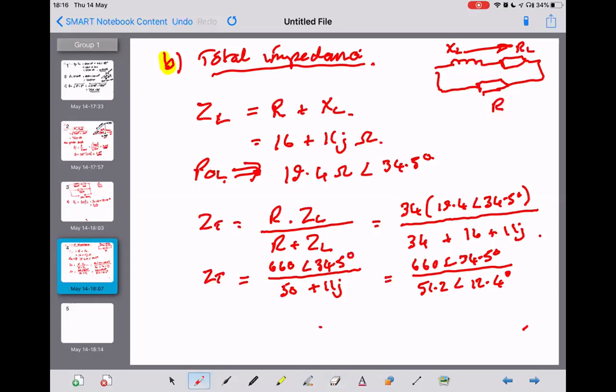With a final answer of 12.9 ohms, angle 22.1. My solution is correct. I've just done it in one go, so I haven't separately calculated ZL to start with.